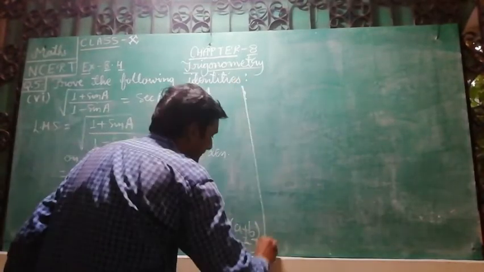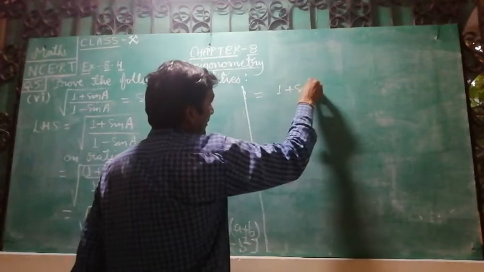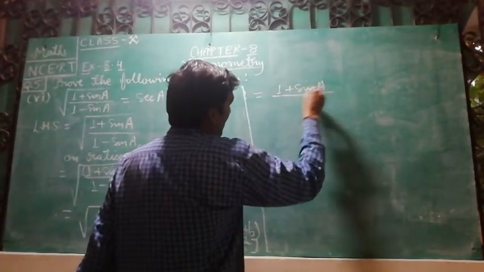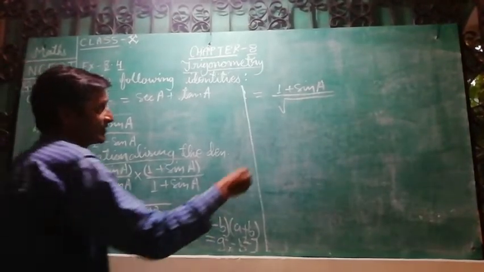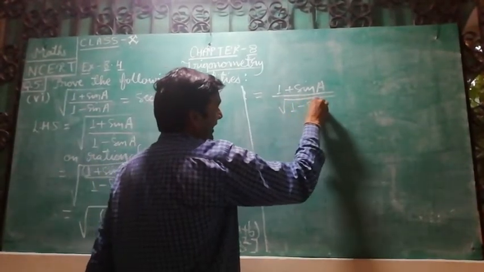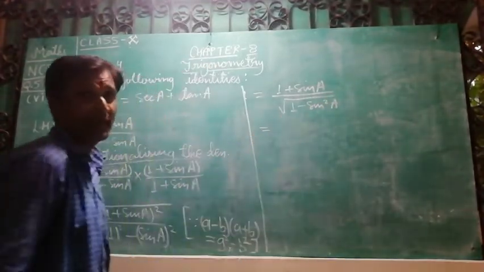So this will become 1 plus sin a upon, in root, 1 minus sin square a. Here the identity will be applicable. It may be written as cos square a in root.